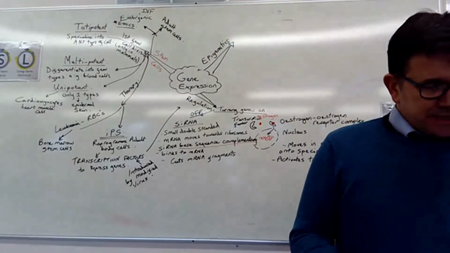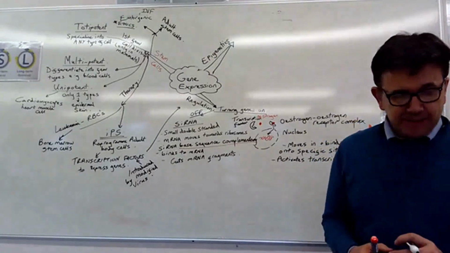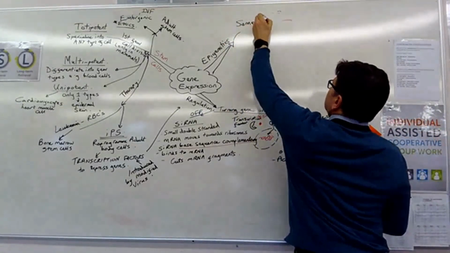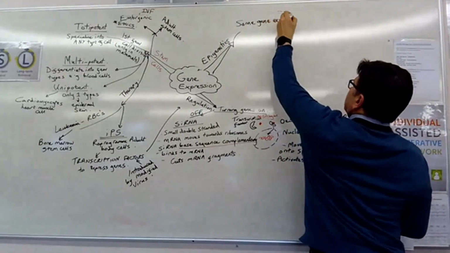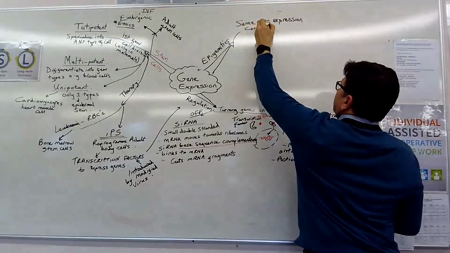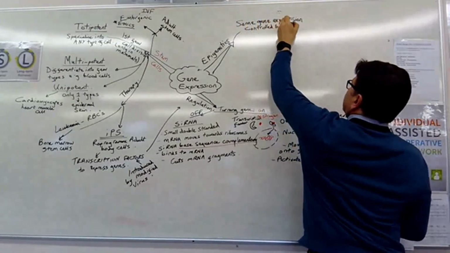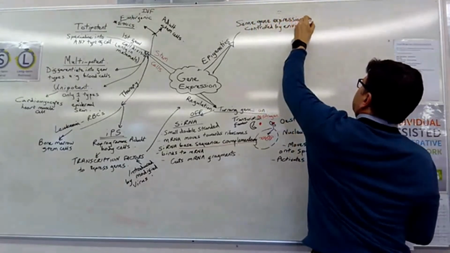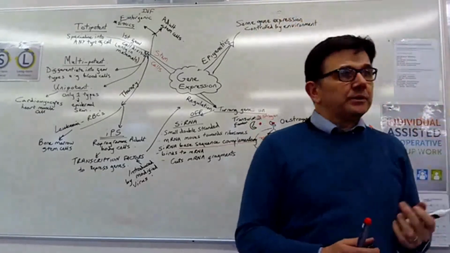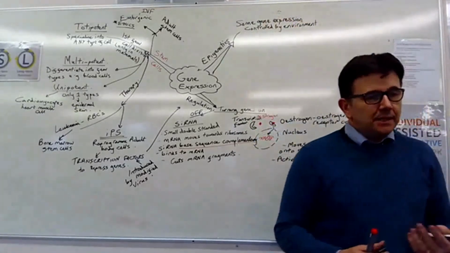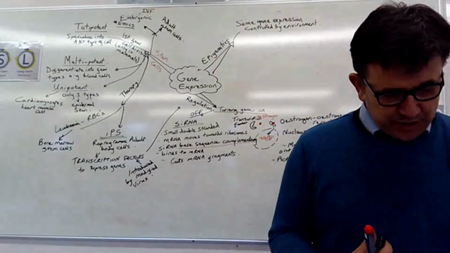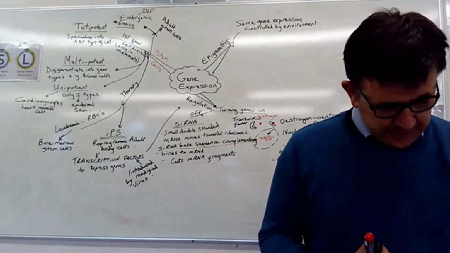So expression of some genes of offspring can be affected by environmental change. So that's the big thing. Some gene expression is controlled by the environment, which is really interesting, because it is not very Darwinian. It's saying what you do in your life could affect your offspring. And also during your life, how you live your life can affect which genes are expressed and which aren't.